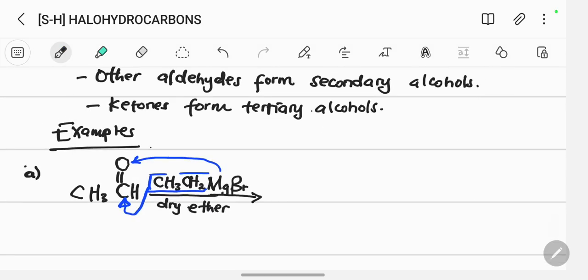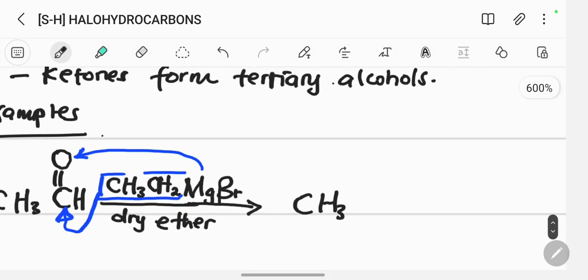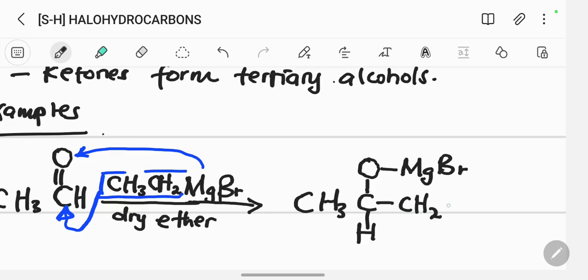So what we end up with is CH3. So carbon will only remain with one bond with the oxygen, the other one is taken by magnesium bromide there. So we have our hydrogen. I'm going to put this hydrogen down. Orientation doesn't matter. Then the alkyl group is going to be added to that carbon atom to form that.